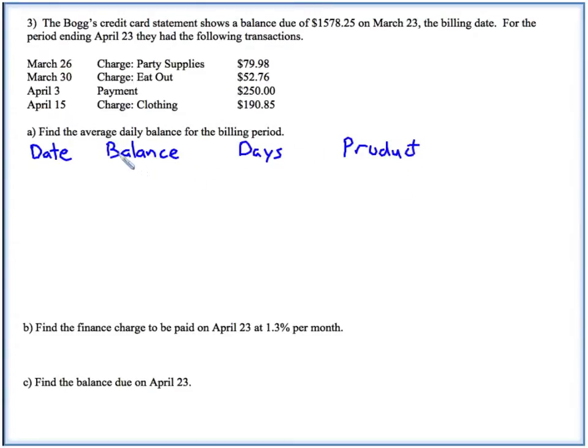Okay, so for each date we need to find the new balance and then multiply it by the number of days that that balance existed, and it gives us our product here. At the very end we're going to add up all of these, okay, to help us find the average daily balance. So let's go ahead and list every date where something happens.